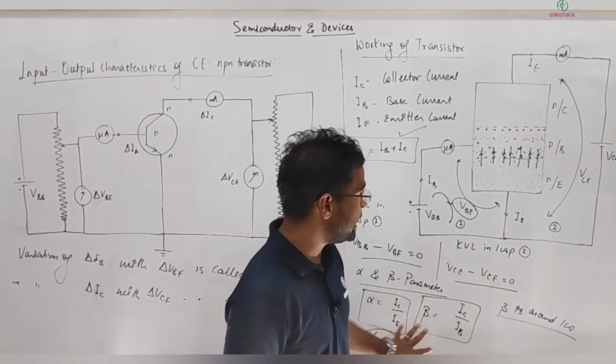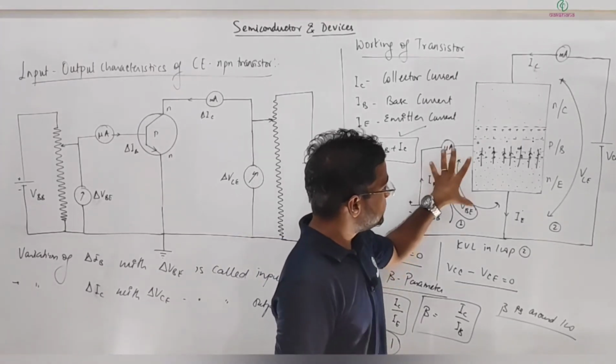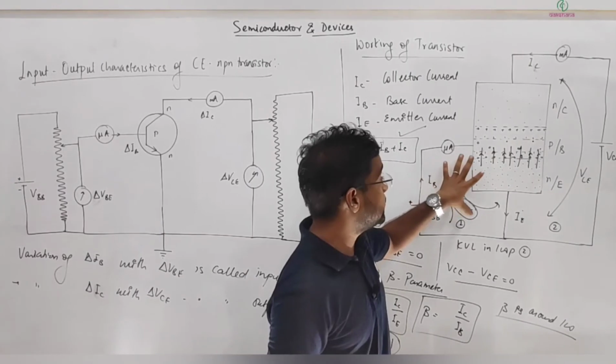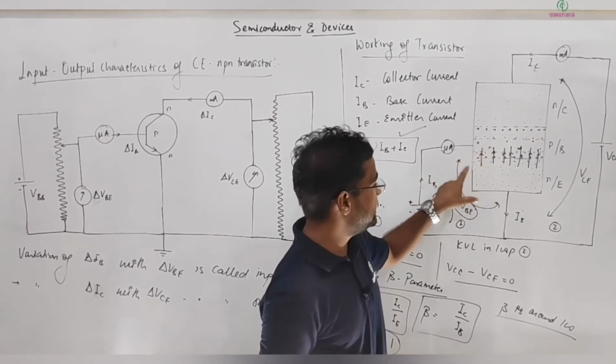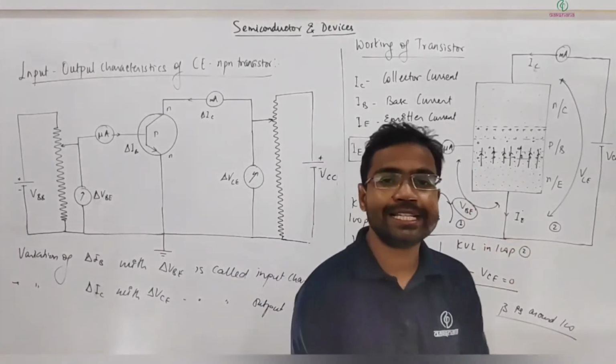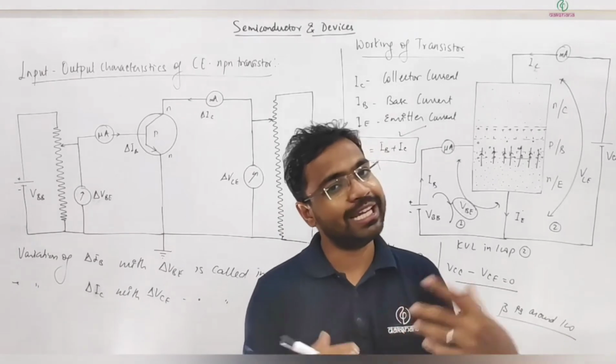Another very important point is that the current in this transistor is basically controlled by this base-emitter junction. Whenever we use it as a device, we give some input and take some output.